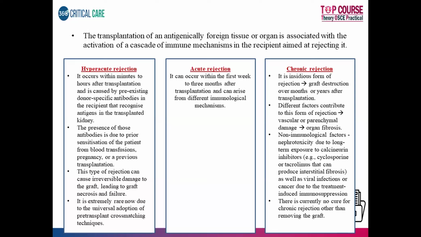The major contributors are mainly non-immunological factors, especially nephrotoxicity due to long-term exposure to calcineurin inhibitors, or viral infections or cancer due to treatment-induced immunosuppression. So basically, it is because of the complications of the immunosuppression which we give to the patient. There is currently no cure for chronic rejection other than removing the graft. So this is about the different types of rejections.